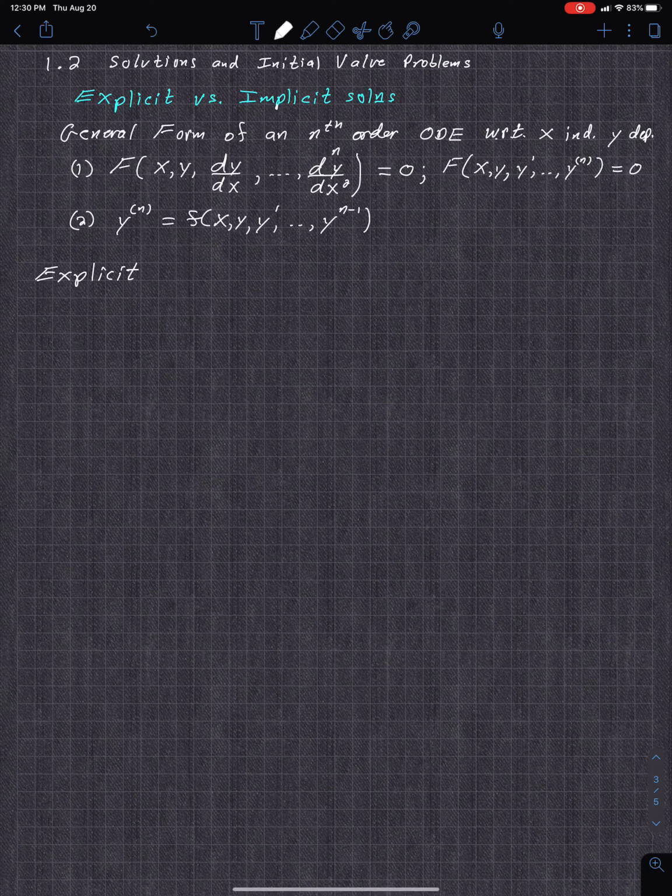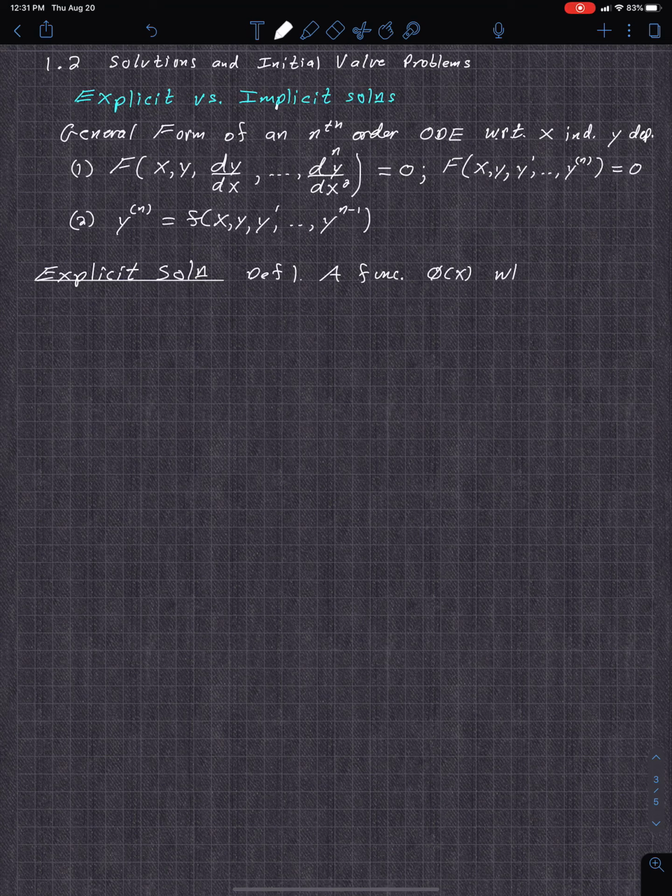So we have explicit form. So explicit solution. And this is the definition of the explicit form, definition 1. So a function phi of x, so it's like y equals phi of x. I don't know why they use phi, but that's what they use here.